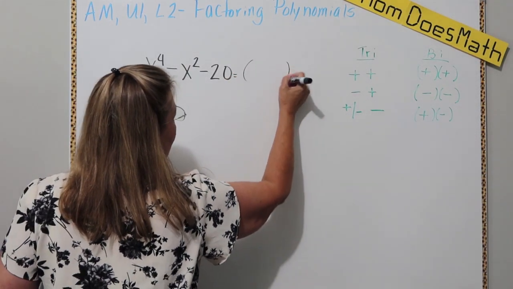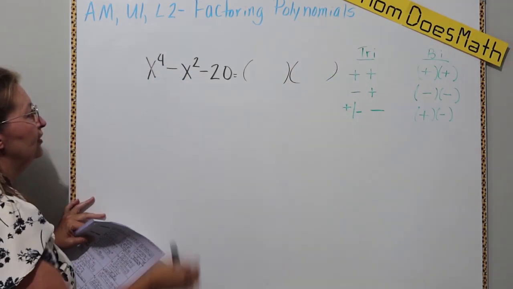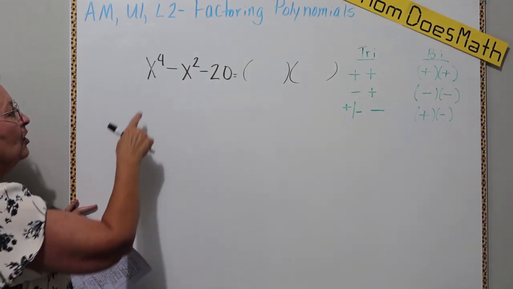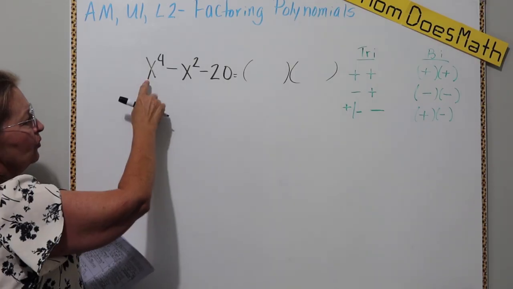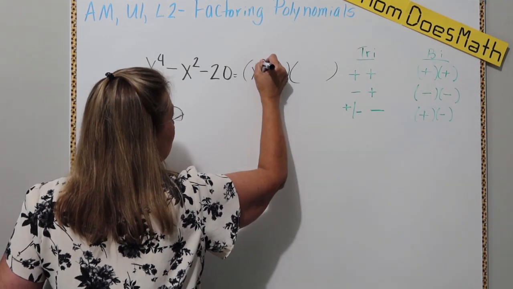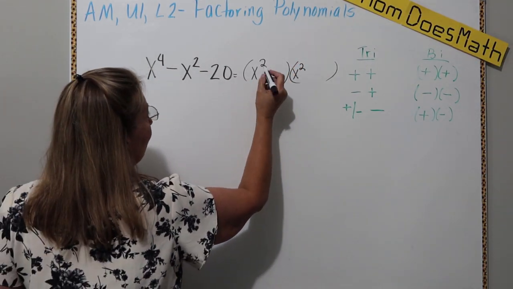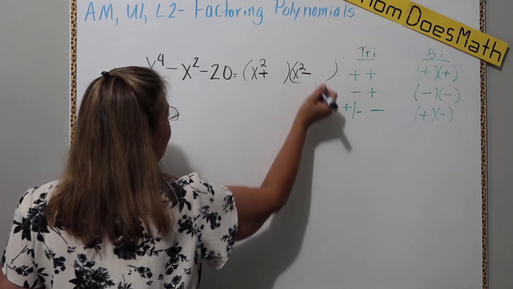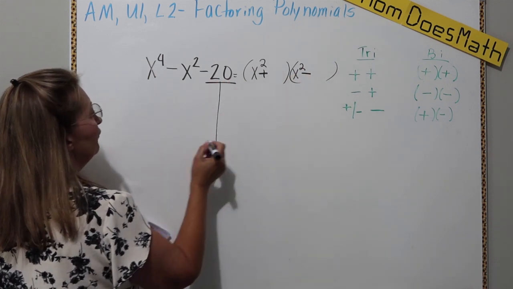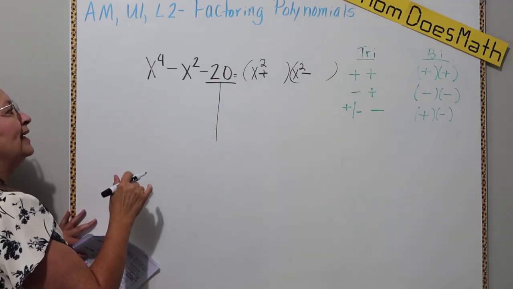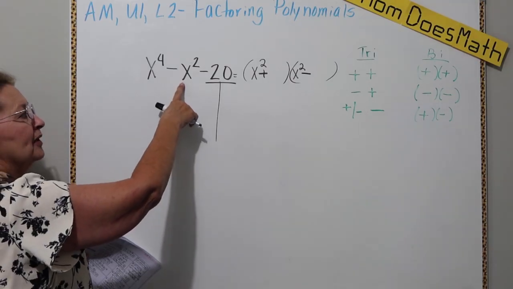So we can go ahead and set up our two binomials over here. Since we have a coefficient of 1, we know this is an a equals 1 problem. All right, what is the square root of x to the 4th? X squared. All right, since this is a minus sign, you're going to have one of each sign. And now I need a pair of numbers that multiply to give me negative 20, but add up to give me, what's the coefficient of this middle term?